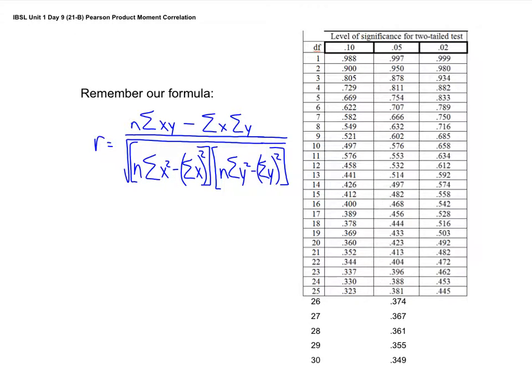Okay? And notice as the numbers get bigger for the degrees of freedom, those values get lower, okay? And that's because the more data you have, the less likely one weird data point is going to throw it off very much. Does that make sense? The other thing here, notice, we're talking about things being statistically significant.